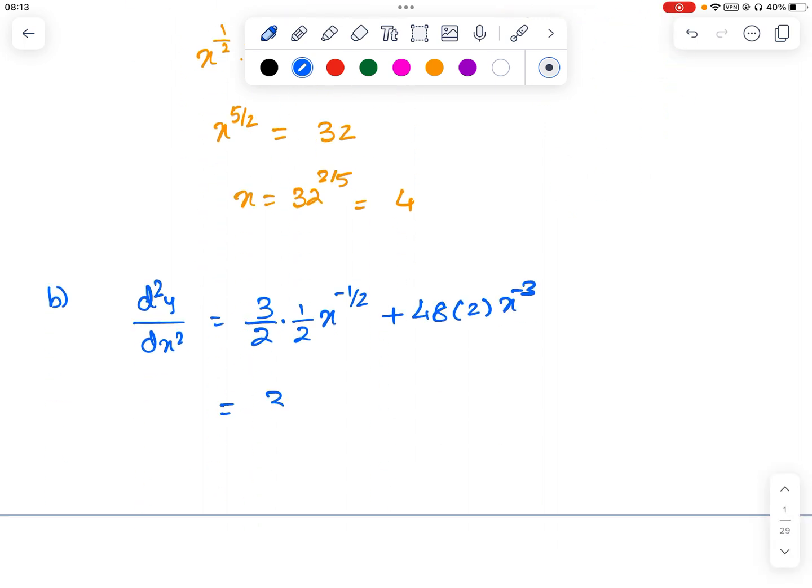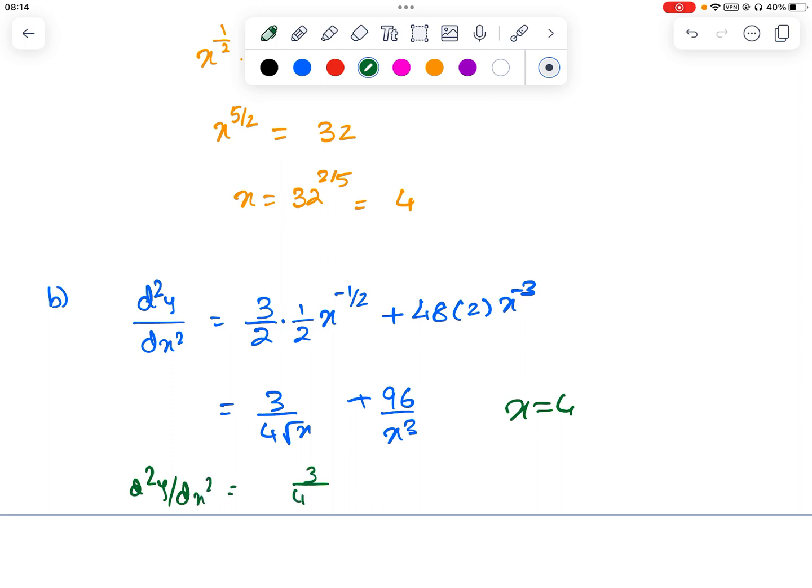So it becomes 3 upon 4 square root of x plus 96 upon x cube. Now when I plug in x equals 4, I get d square y upon dx square equals 3 upon 4 root 4 plus 96 upon 4 cube, which is a positive number. So therefore it is a minimum value.